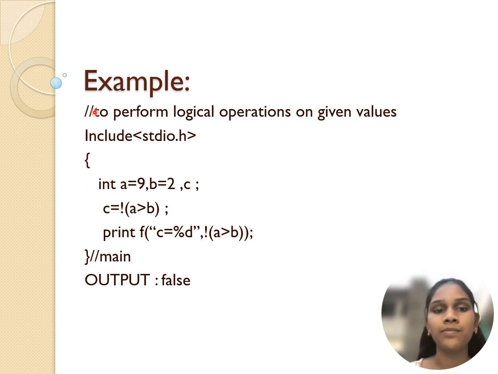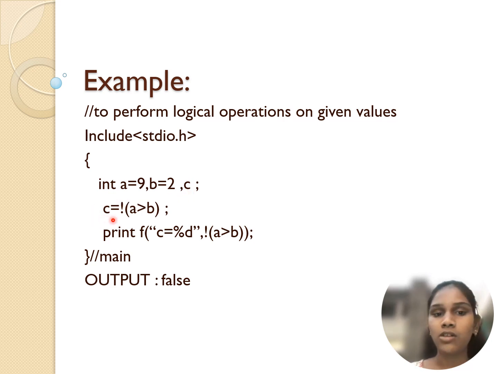Example program for logical operators to perform logical operations on given values. And the preprocessor will be include stdio.h. The main section starts here. First, we should initialize three variables like a is equals to 9, b is equals to 2, and another variable like c.